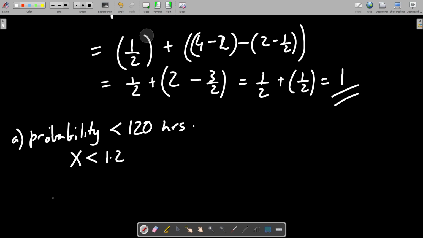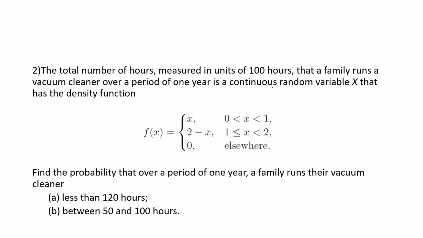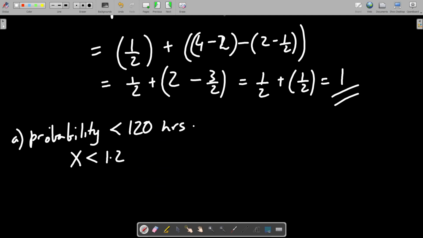Just see the question clearly over there. It's measured in units of 100. Measured in units of 100 means you have to divide by 100 everywhere when you're doing these calculations. So probability of x less than. Clear now?